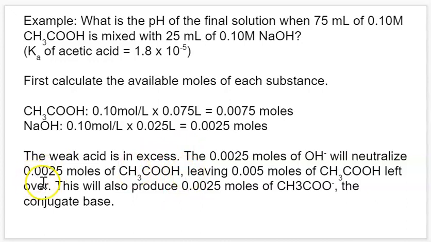So that means 0.0025 moles of this are going to be converted into conjugate base. This is going to leave 0.005 moles of the original acetic acid, unprotonated, left over. And like I said, it's going to produce 0.0025 moles of the acetate, of the conjugate base in this case.